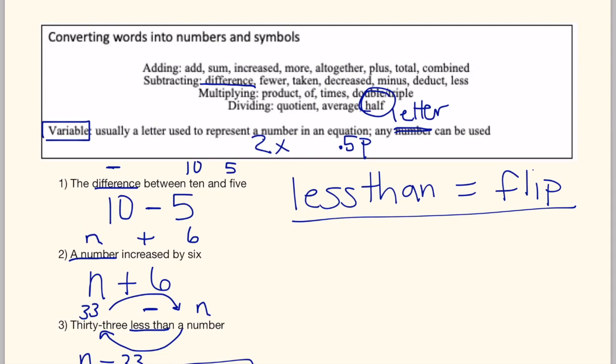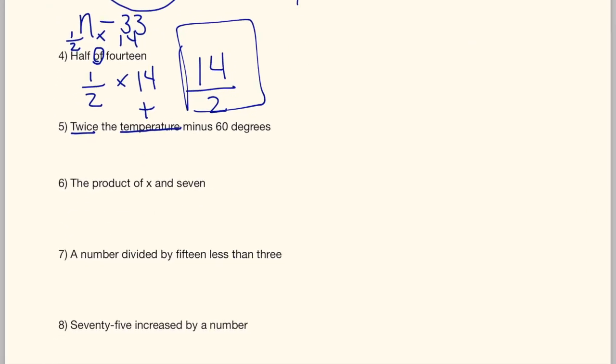So if we have twice the number, we're going to multiply by 2. So 2t, twice the t, minus 60. So twice the temperature, 2t minus 60. All right, I have 3 practice problems right here for you. I'm going to have you try those on your own.